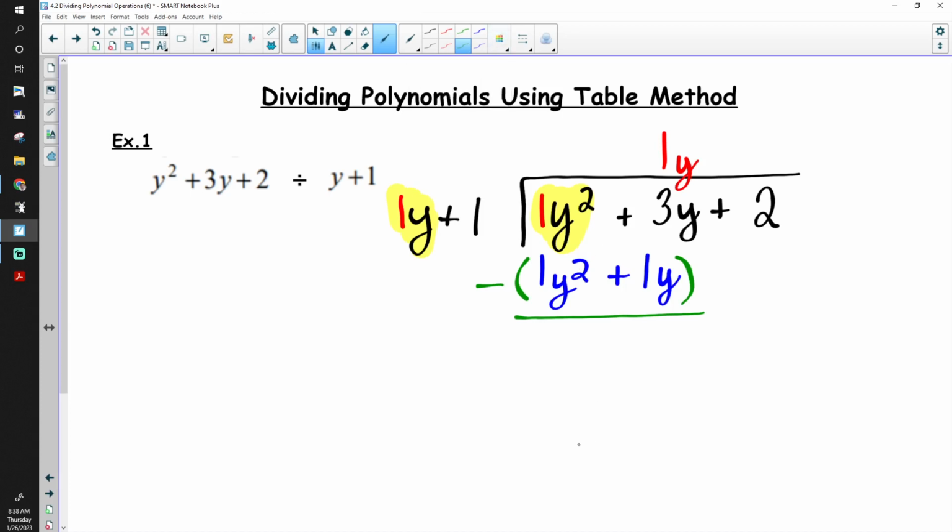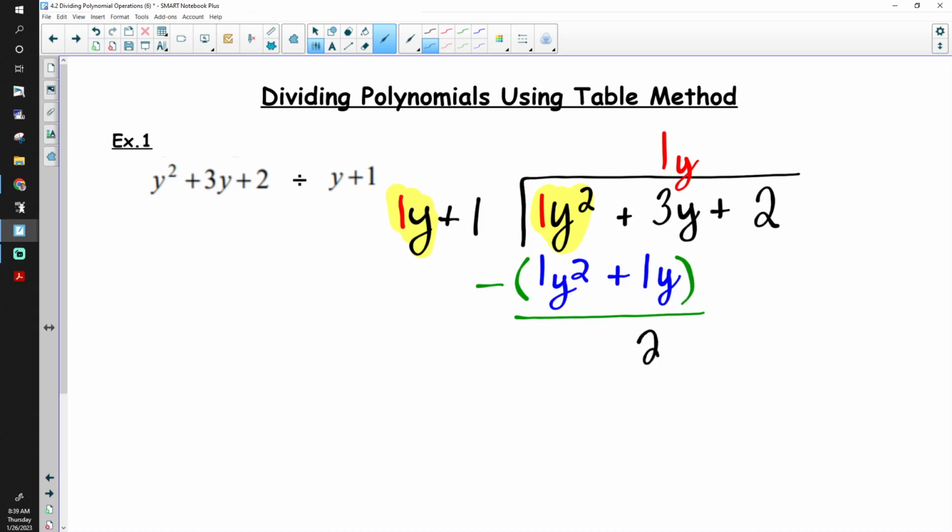1y squared minus 1y squared is 0. That's what we want. We want to cancel terms out one at a time. Those cancel. It's gone. Here's the tricky part. This is where kids get messed up. They try to do 3 plus 1, but it's not 3 plus 1. It's 3 minus 1. 3y minus 1y is 2y.